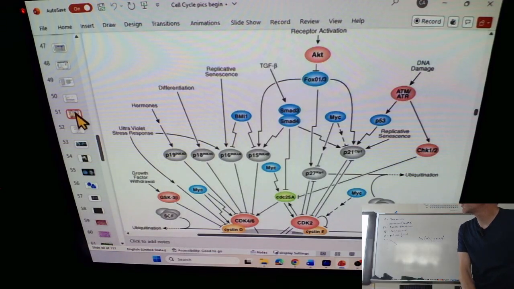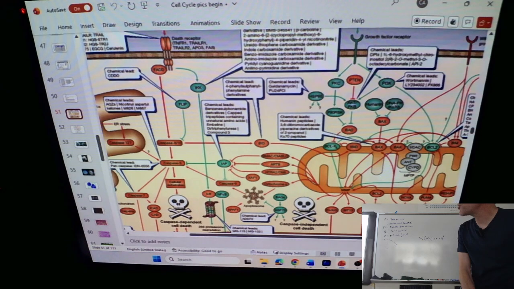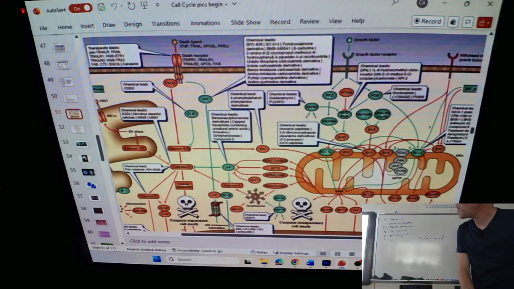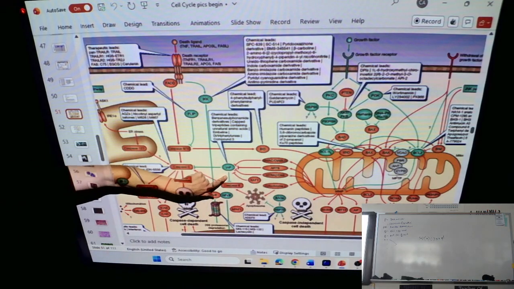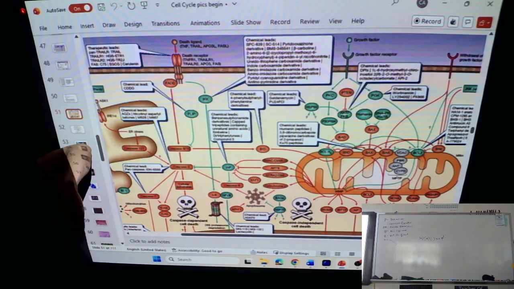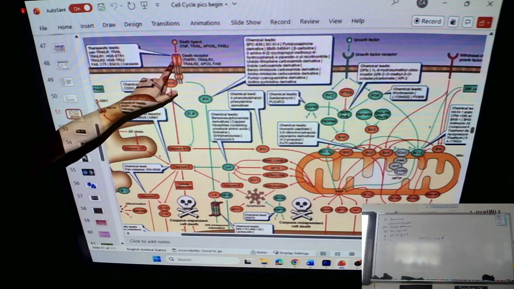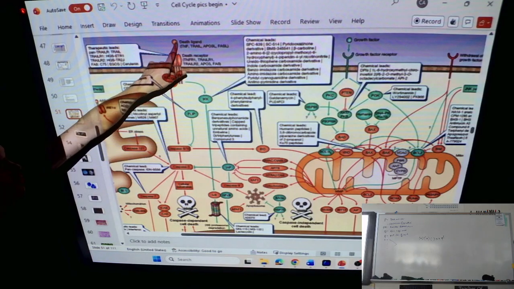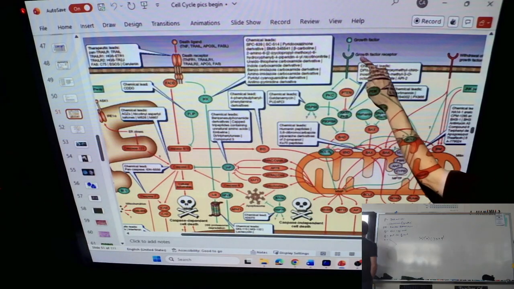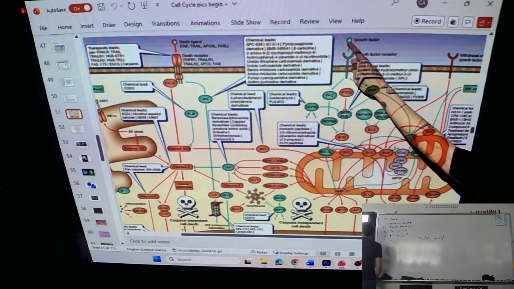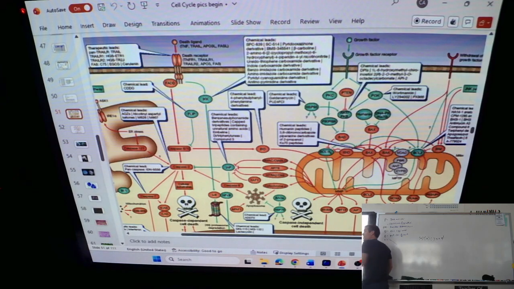In general, the reason your cells are still alive is you have this combination of gene pathways: the red ones that say destroy yourself, like death receptor, which links up with death ligand, and the green ones, growth factor receptor, activated by growth factors. My cells are staying alive because I have the right balance of these, so the cell isn't destroying itself.